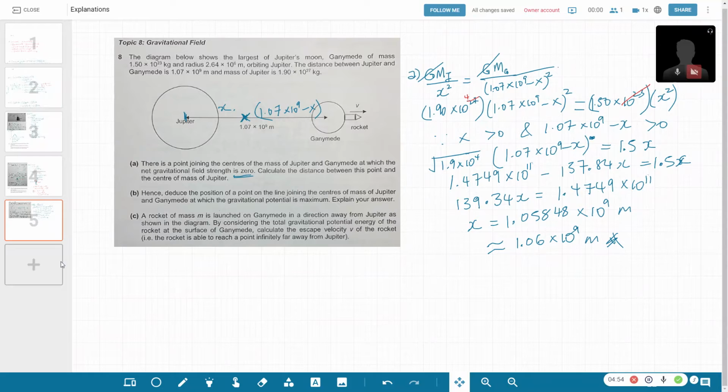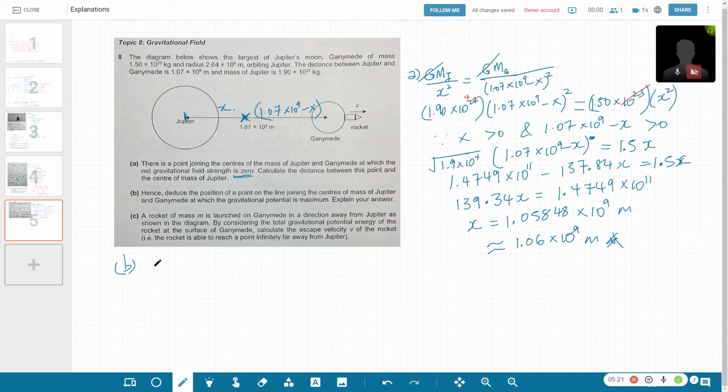Next, part B. Hence, deduce the position on the line joining the centers at which the gravitational potential is maximum. The place where the gravitational potential is maximum is the same location, because that's where the neutral point is.